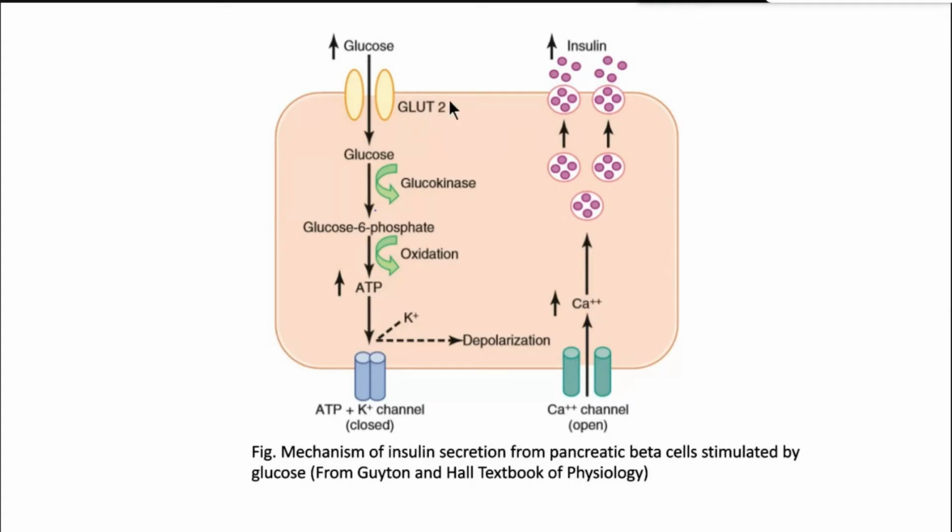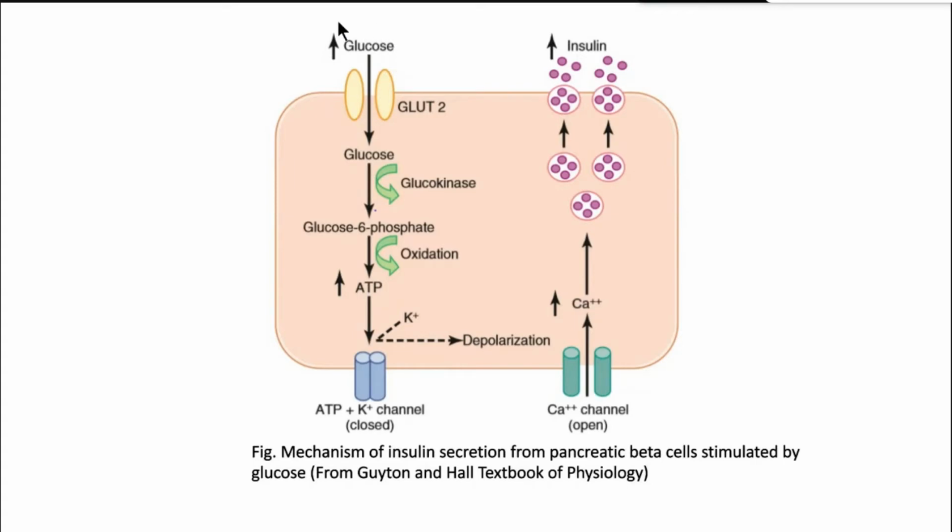We will come to it again. And in beta cells, GLUT2 types are there. The glucose transporters there are of GLUT2, and they transport by facilitated diffusion. Okay, it is a passive mechanism. Therefore, it depends on glucose concentration.